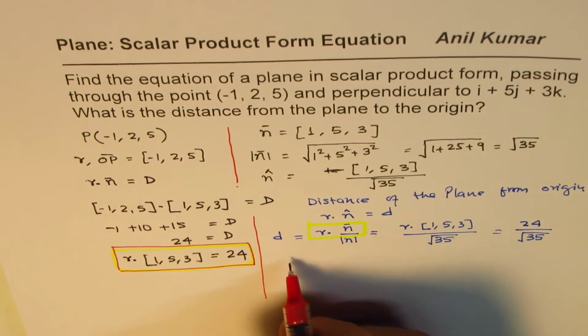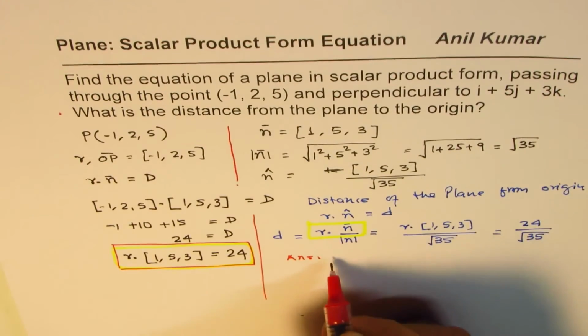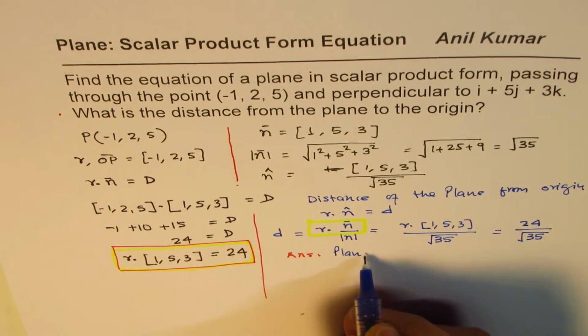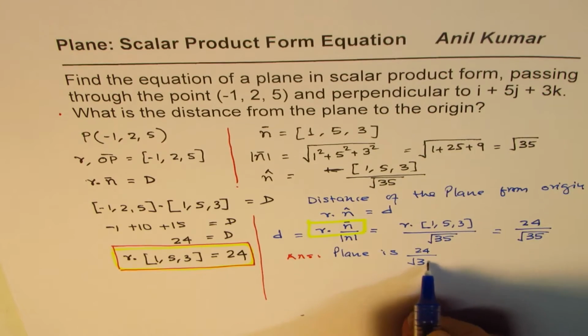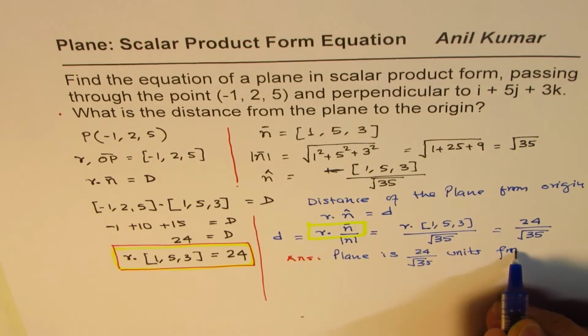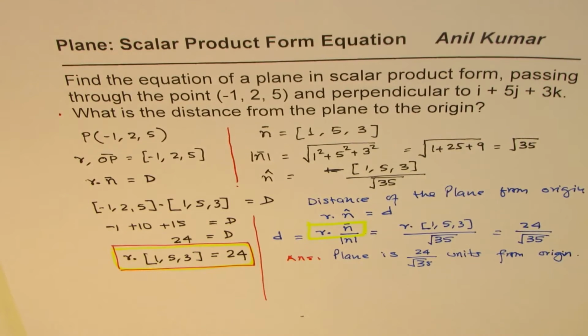So the answer for part B is that the plane is 24 by square root 35 units from the origin, right? So that is how you can get it.